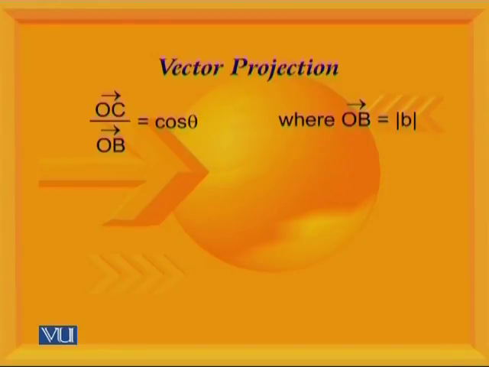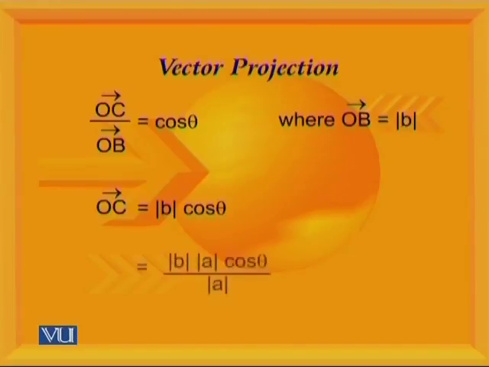So the projection of the vector B in the direction of A is equal to magnitude of B into cosine theta. If we multiply and divide by the magnitude of A, we get magnitude of B into magnitude of A into cosine theta divided by magnitude of A.